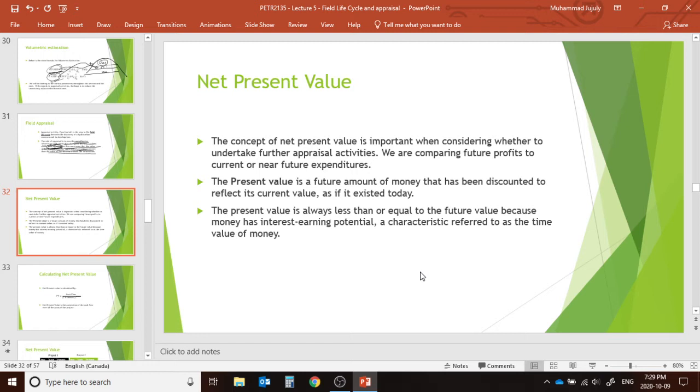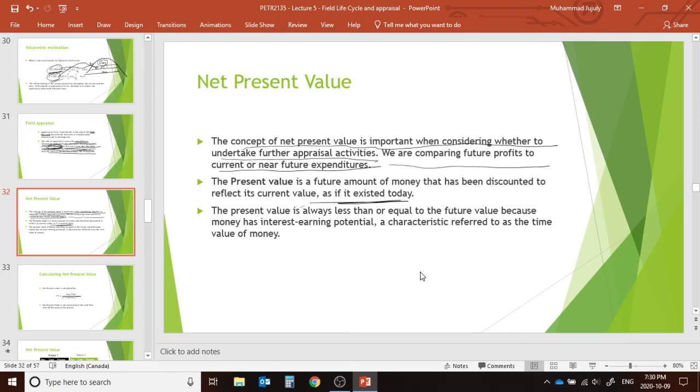The net present value is a future amount of money that has been discounted to reflect its current value, as if it exists today. The concept of the NPV is important because when considering whether to undertake further appraisal activities, we are comparing future profits to current baselines, or the current expenditure.